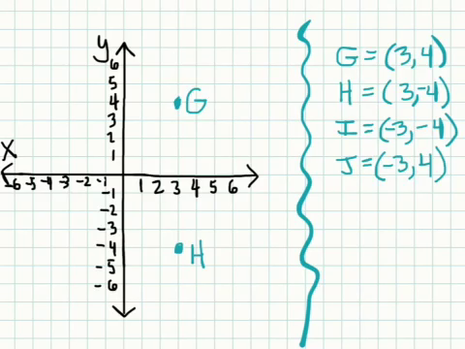I would be over negative 3 and down negative 4, and J would be over negative 3 and up a positive 4. Notice that we have points in all 4 quadrants. Quadrant 1, 2, 3, and 4.